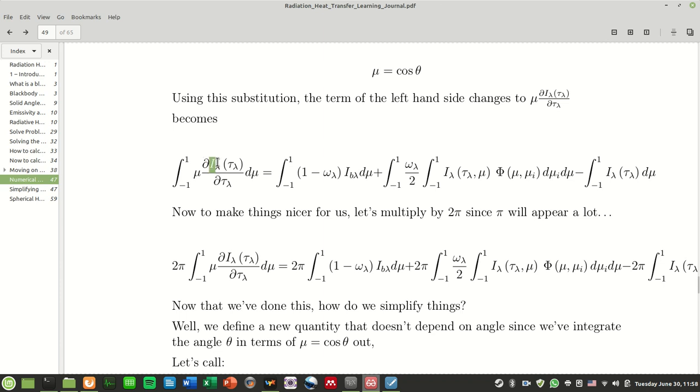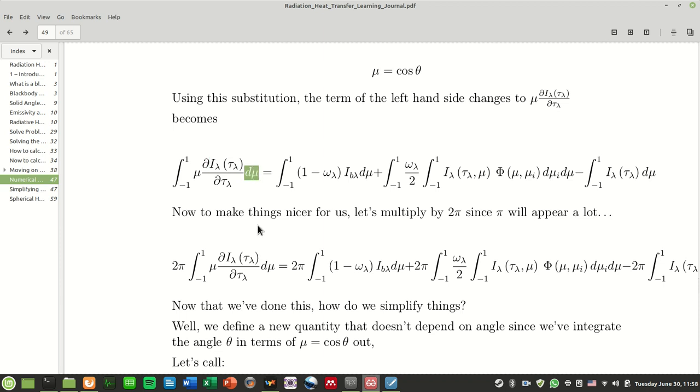So we don't want a transport equation that deals with the intensity anymore. We want a transport equation that deals with the integrated form of this intensity. So we integrate throughout by d mu from mu equals -1 to mu equals 1.